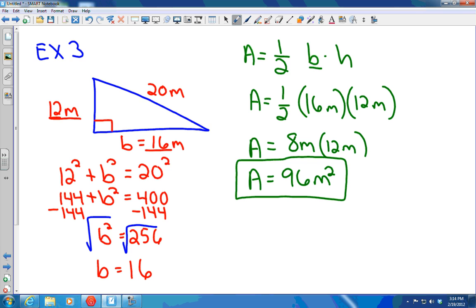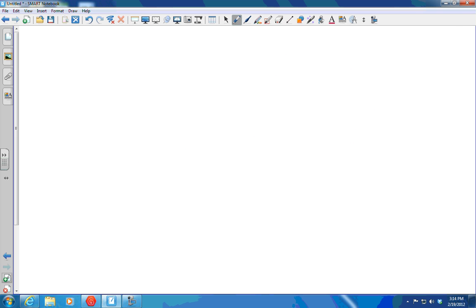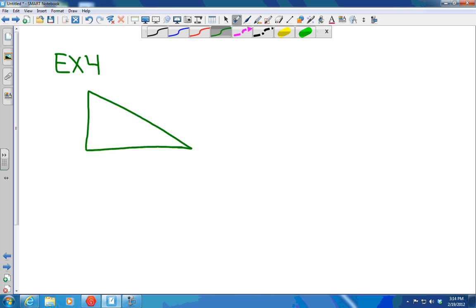Let's try one like we did last time. Let's do example 4. Let's say this one's a right triangle also.